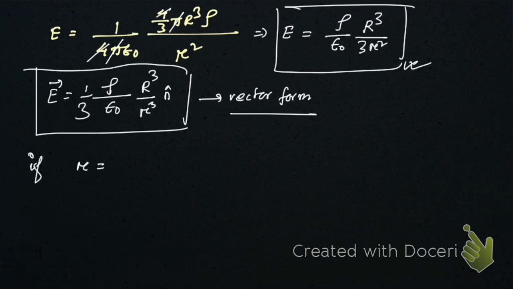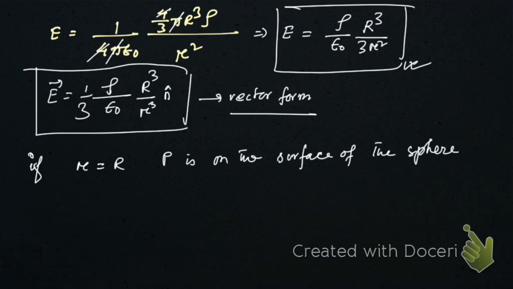Now what if small r is equal to capital R? That means P is on the surface of the sphere. Then what are you going to get?